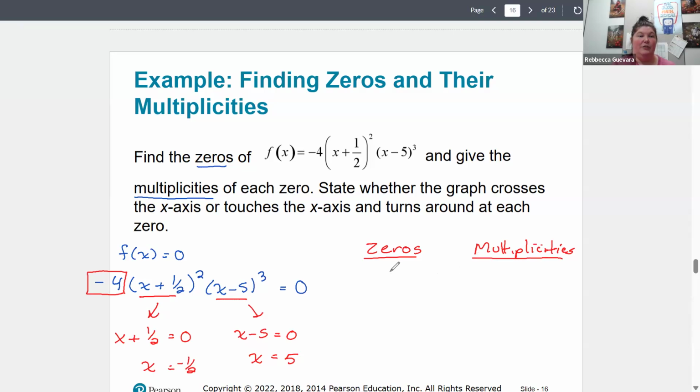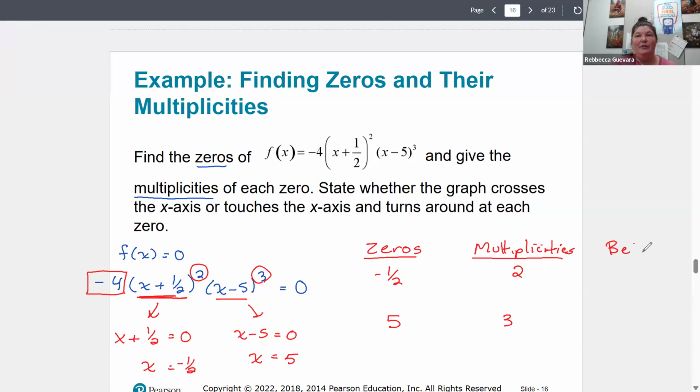My zeros are at -1/2 and at 5. For the -1/2, we look at the factor, it has a power of 2, so the multiplicity is 2. And for the 5, that came from the factor of x minus 5, which had a power of 3, so it has a multiplicity of 3.